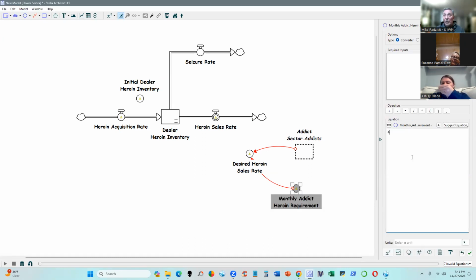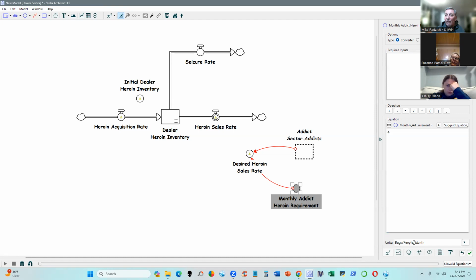So I don't know what that is, we'll just make this 4. This would be bags per addict. Kilograms? Yeah, but the article says bags. Okay. So bags per addict per month times addicts, or we said people, bags per person per month.